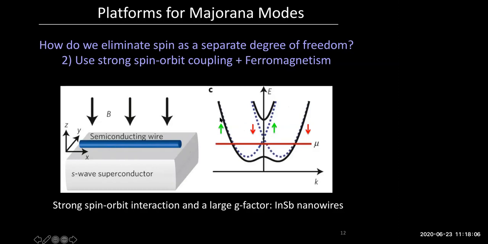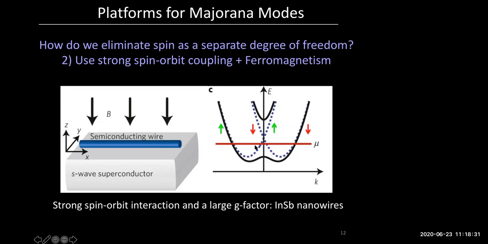Now, if you have either a magnet or a magnetic field, you can create a gap at this band crossing. And so these are the gapped states. And now, with strong spin-orbit coupling, you immediately realize that these bands, this one and this one, are spin momentum locked.